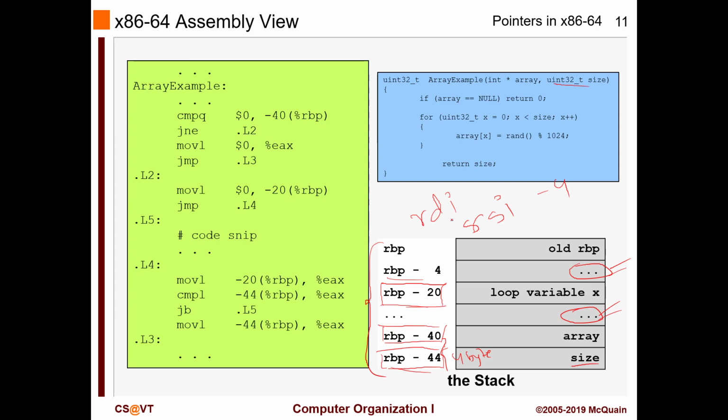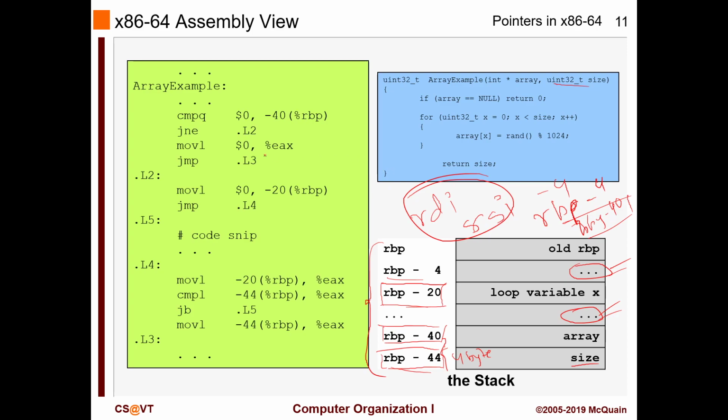Usually if it's using these registers, then you know that it's a parameter. But otherwise, if it's using RBP directly, like RBP -4 or RBP -40, then in that case you know that's a local variable.